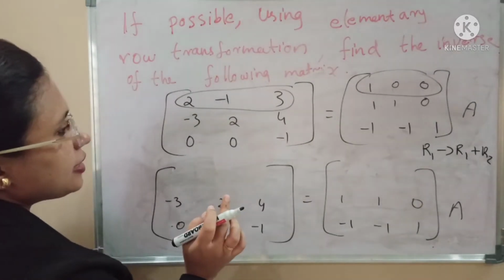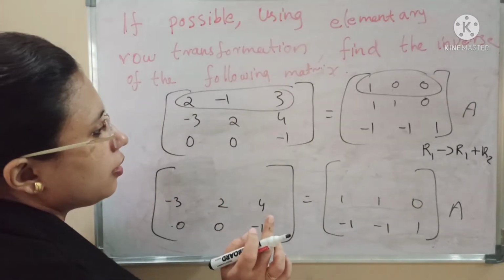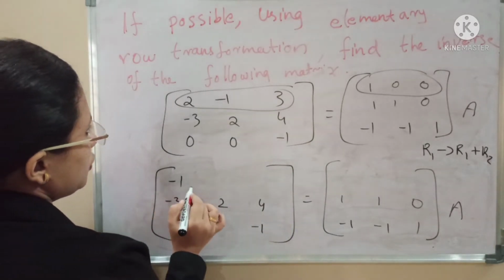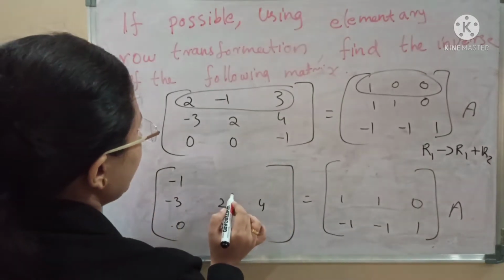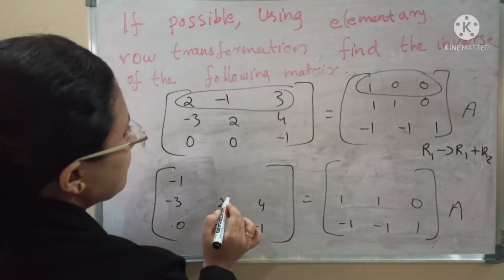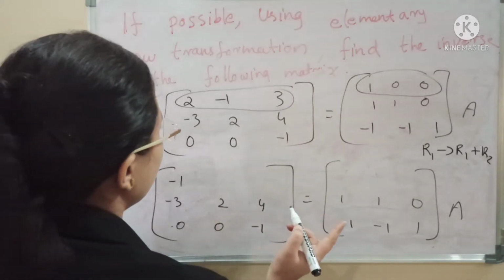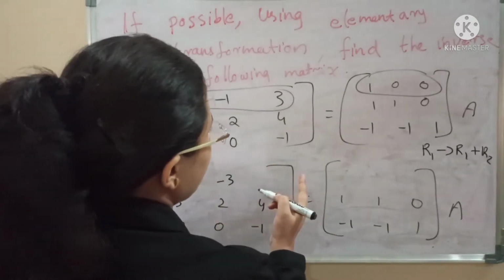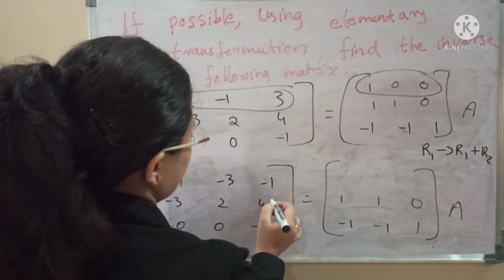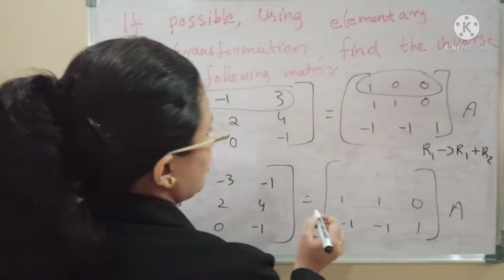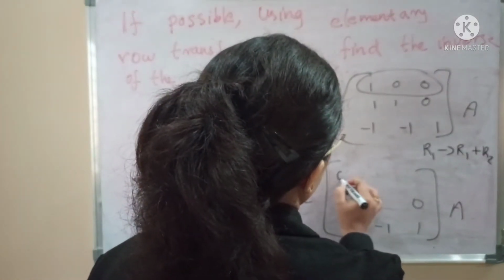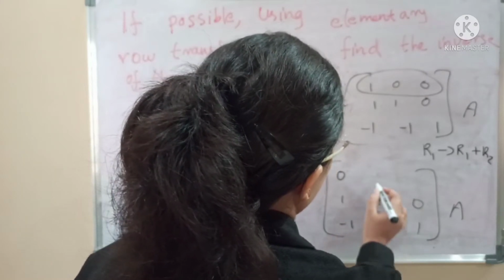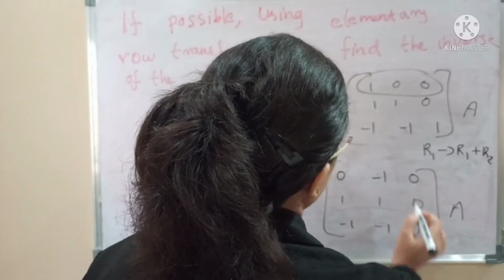So minus 1, 2 minus 3, minus 1, minus 1, minus 2, minus 3, 3 minus 4, that is minus 1. Here 1 minus 1, 0, and 0 minus 1, minus 1, 0 minus 0, 0.